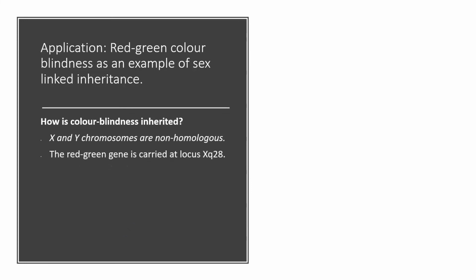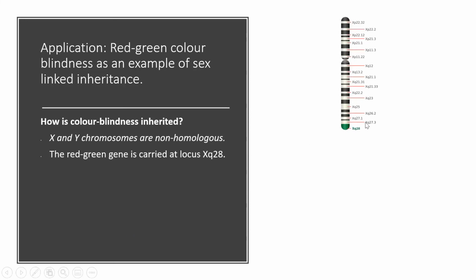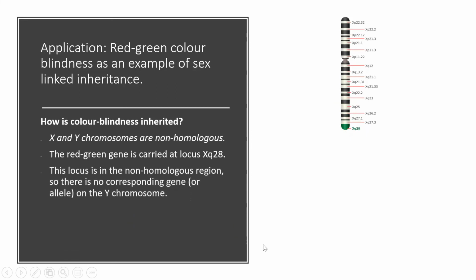The red-green gene is carried at Xq28, down the bottom on the X chromosome. This locus, locus meaning location, is in the non-homologous region, so there is no corresponding gene or allele on the Y chromosome. Normal vision is dominant over colour blindness.